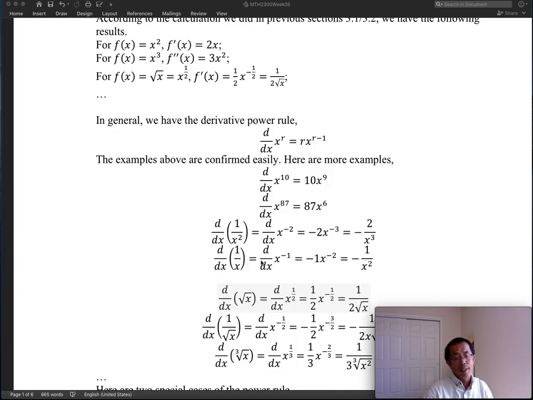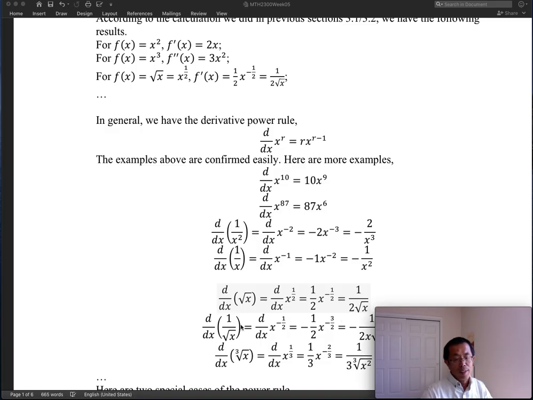Similarly, 1 over x is considered as x to the negative 1. And for the square root of x, we cannot jump inside the radical notation to calculate the derivative. But with the power rule, the square root of x can be converted into x to the 1/2. Then we get a derivative.